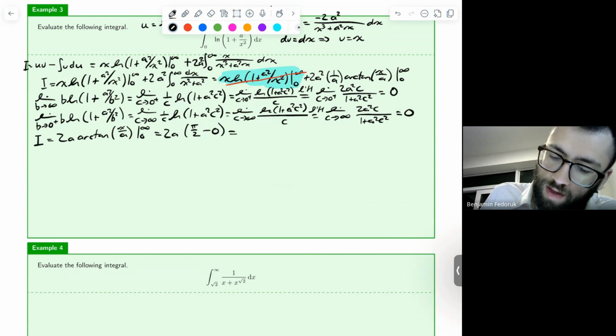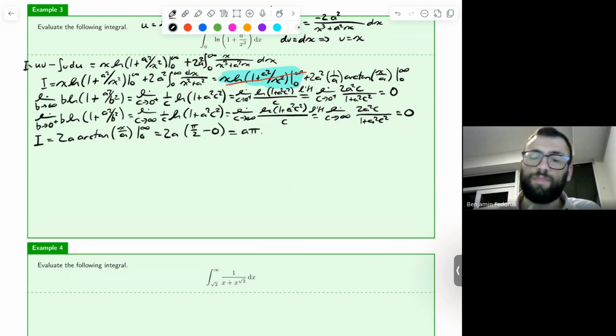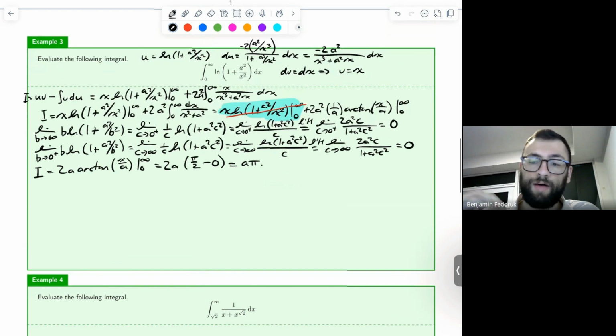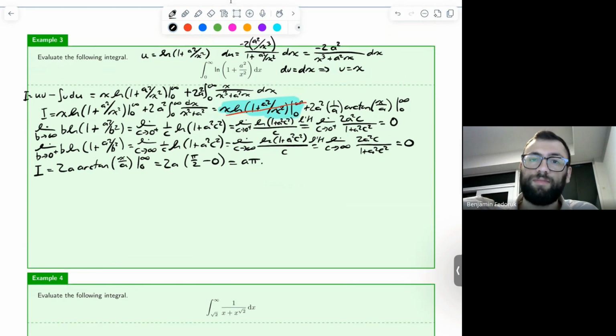So we get 2a times pi over 2, which is a pi. That simplified really quickly. That was a sort of intense big integral, and yet it collapsed down to a pi, right? Super easy. So now anytime you see an integral of that form, you can simplify it right down.